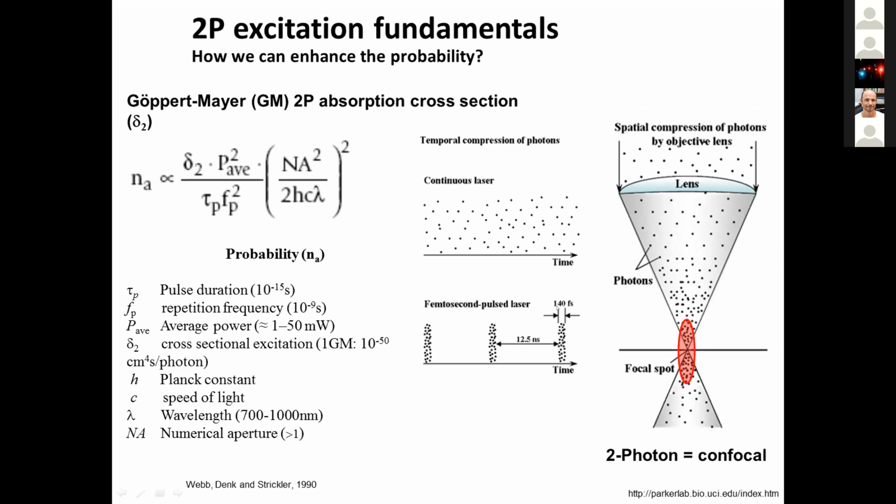And this is very important because we need a lot of power concentrated in a pulse, concentrated in terms of time, and then focused with our optics to a point. If we achieve all of this and apply enough power, we will get two-photon excitation on the spot and none above or below this point. So this means that two-photon excitation is intrinsically confocal.